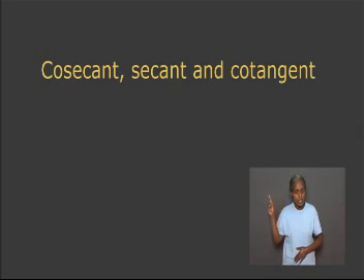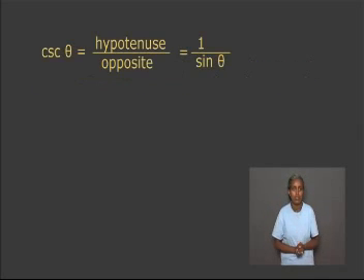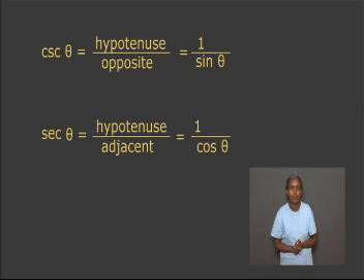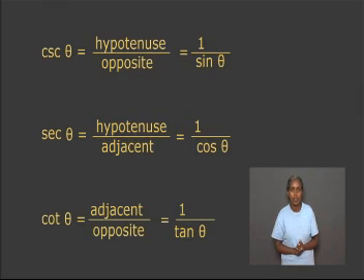These reciprocal functions of the acute angle theta are defined as follows. The cosecant is the ratio of the length of the hypotenuse over the length of the opposite side. The secant is the ratio of the length of the hypotenuse over the length of the adjacent side. The cotangent is the ratio of the length of the adjacent side over the length of the opposite side.